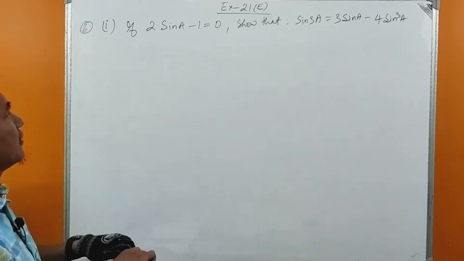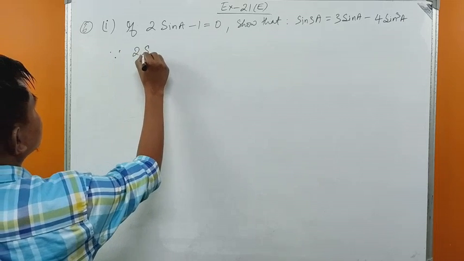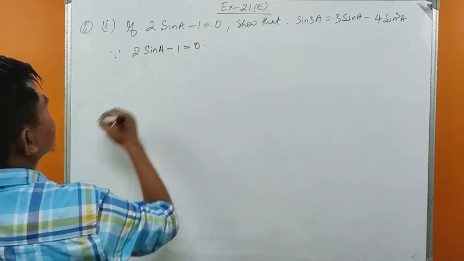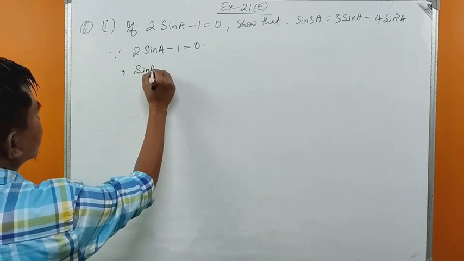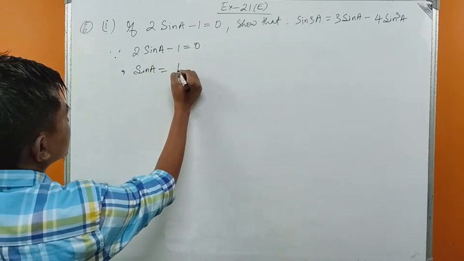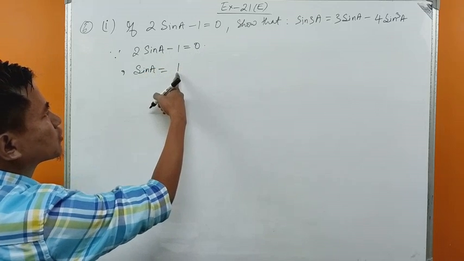So let's do this. Since 2 sin A minus 1 equals 0, this is the given condition, sin A equals... minus 1 when transposed to the right hand side becomes plus 1.